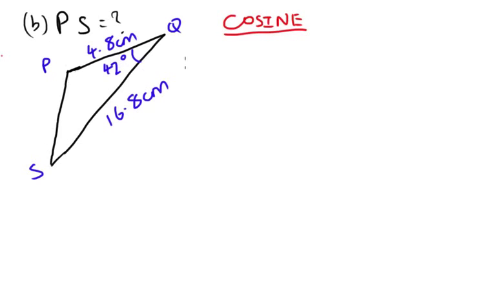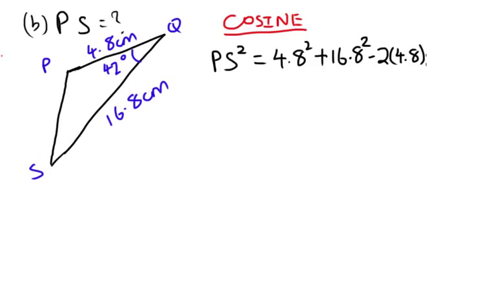We start from PS, which is the length we want to find, equals the other two lengths, 4.8 squared plus 16.8 squared, minus 2 times 4.8 times 16.8, multiplied with cos of the angle opposite PS, which is 42 degrees.